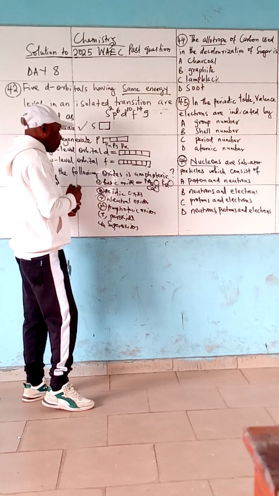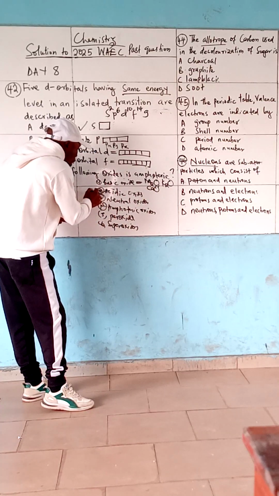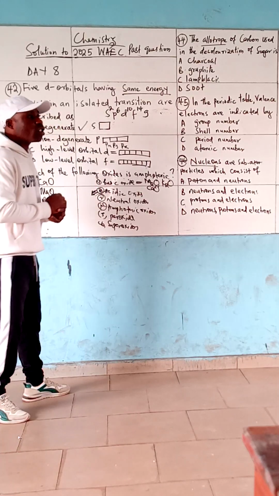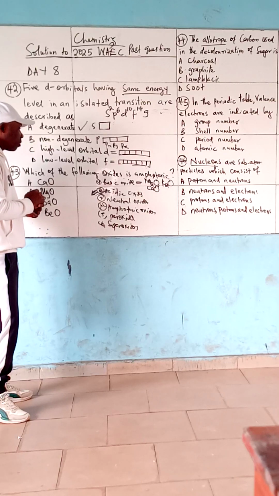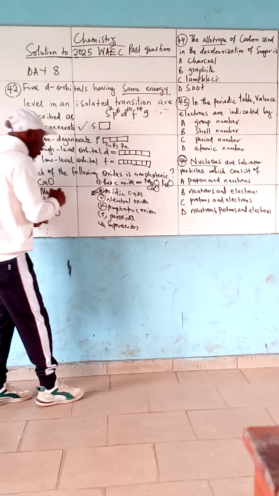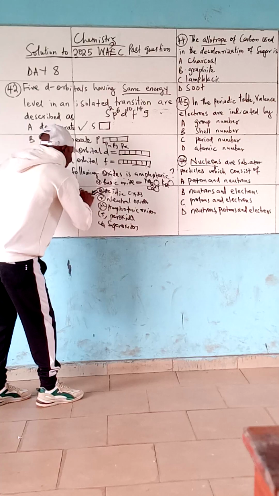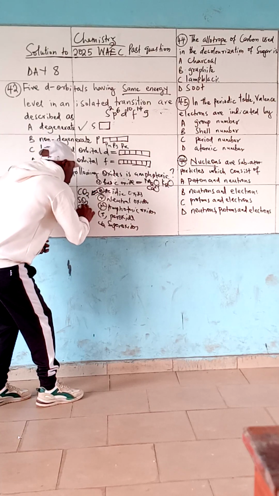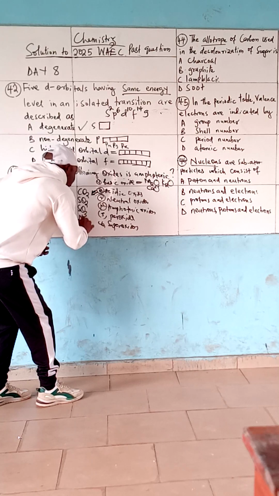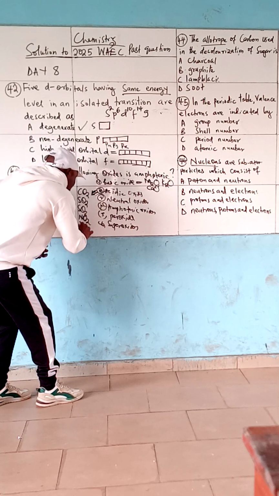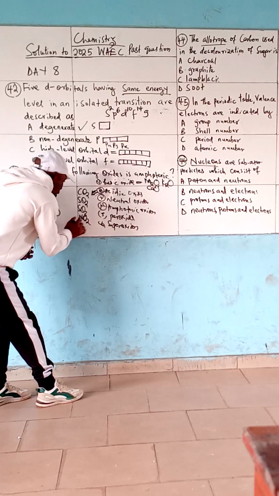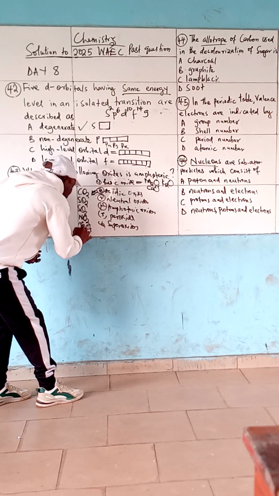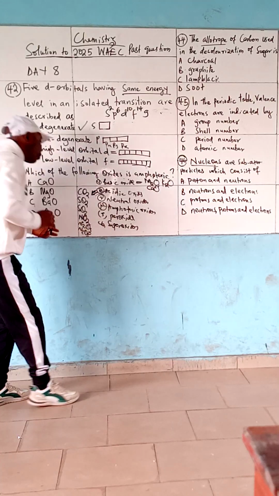Then all non-metallic oxides, which means compounds of oxygen with other non-metals, are known as acidic oxides. Examples are CO2, SO2, SO3, and of course NO2. It can be a multiple oxide that can give us N2O3, nitrogen 3 oxide, or N2O5, nitrogen 5 oxide.